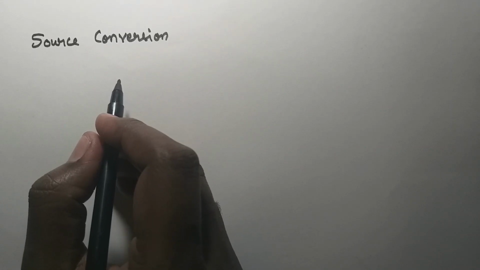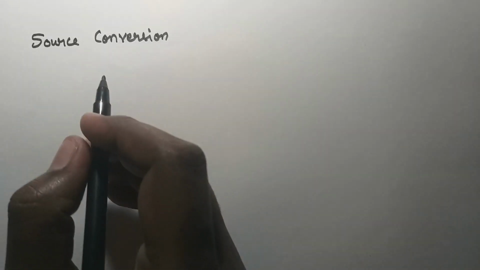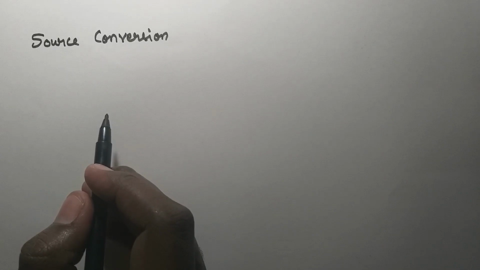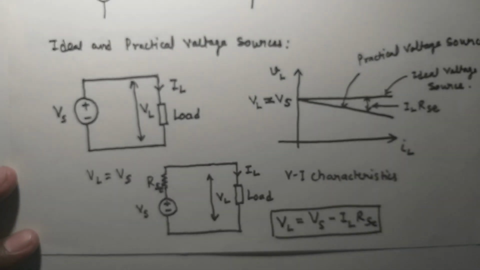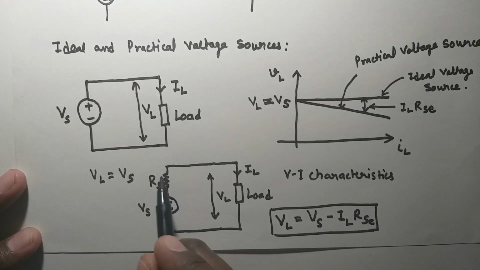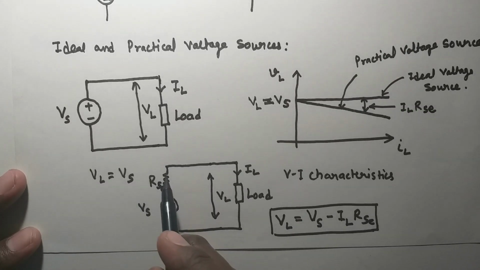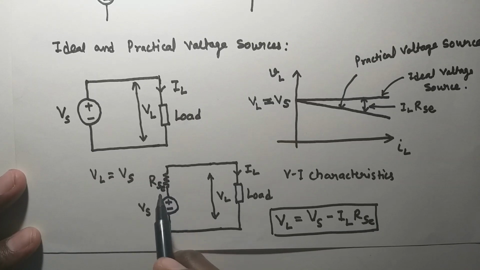In the last lecture we studied that a practical voltage source can be represented by an ideal source in series with a resistance. So this is the equivalent circuit diagram of a practical voltage source, that is an ideal voltage source and a series resistance, which is the internal resistance of this source.